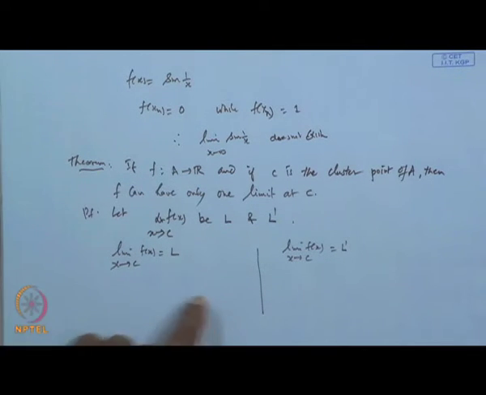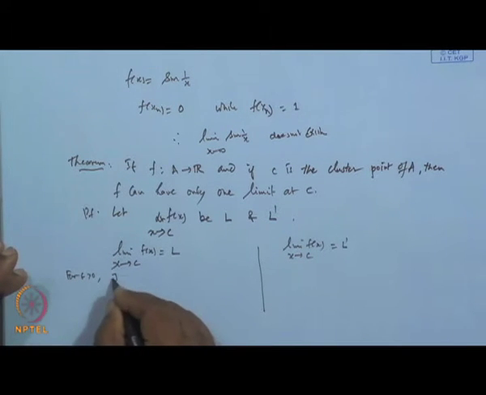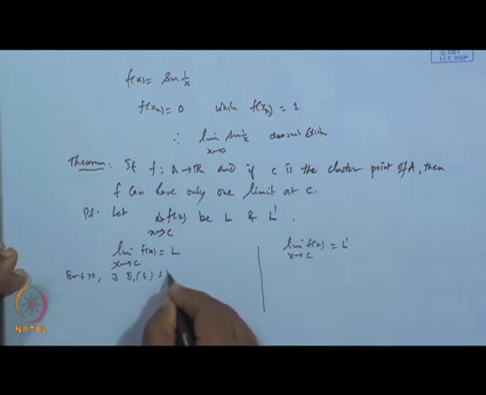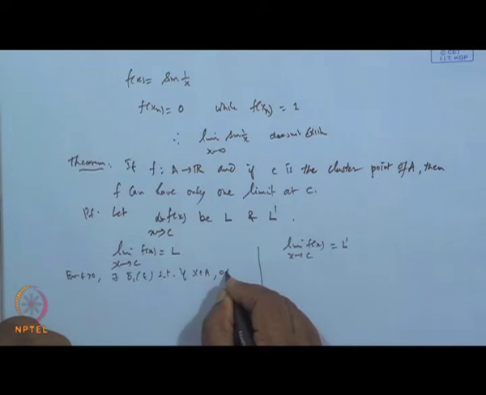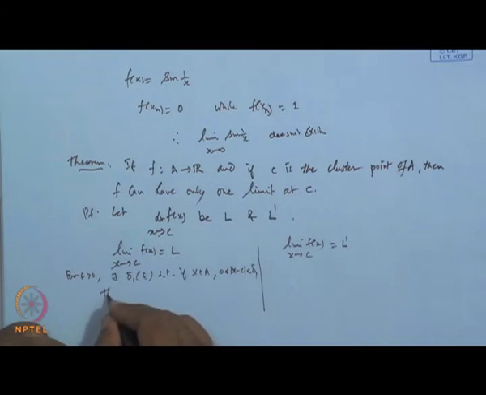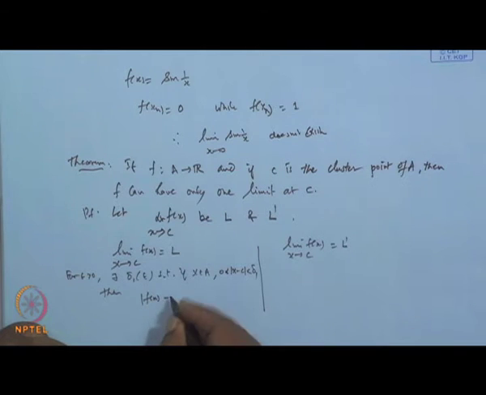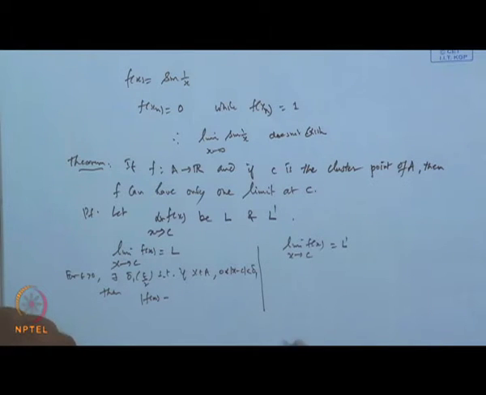So apply the definition now. For a given epsilon greater than 0, there exists a delta 1 depending on epsilon by 2 such that if x belongs to A and 0 is less than mod x minus C less than delta 1, then mod of f x minus L is less than epsilon by 2.